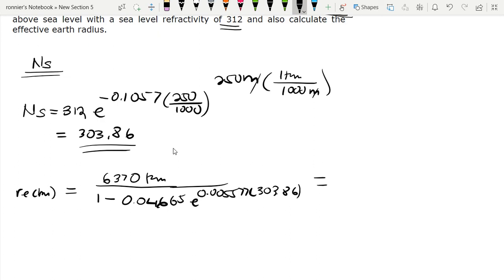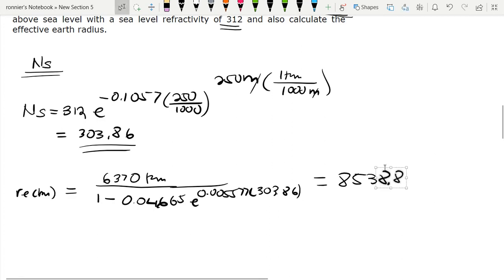6370 divided by 1 minus 0.04665 e to the 0.005577 times 303.86. So, ang sagot ay 8,538.8 kilometer. Or pwedeng ganyan na rin.